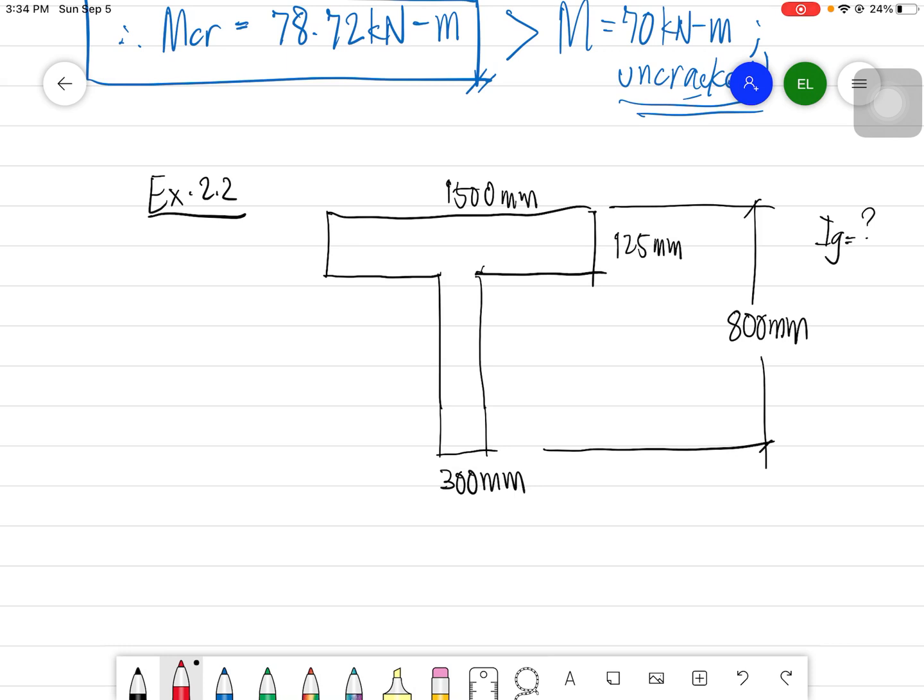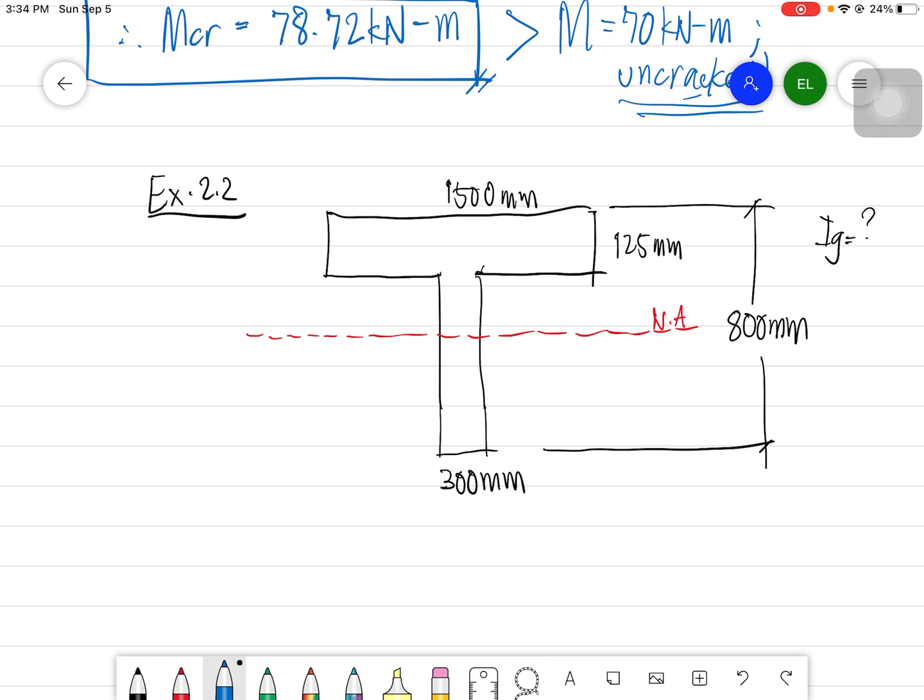For a T-beam, we will first try to locate the neutral axis. The location of the neutral axis might be below the flange or within the flange. So we will discover it more later.